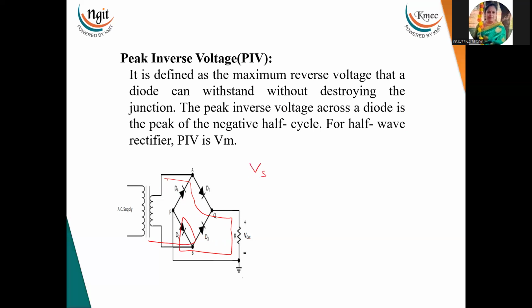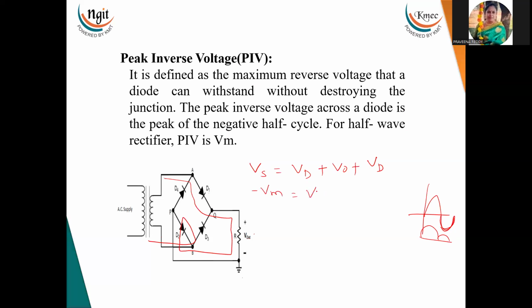So Vs, whatever the voltage is applied across the transformer, Vs is equal to Vd across D1, plus V0, plus one more diode Vd. When the negative half cycle is applied, minus Vm is applied.